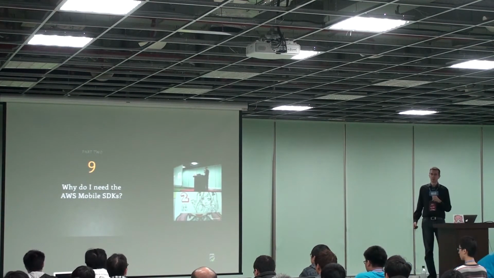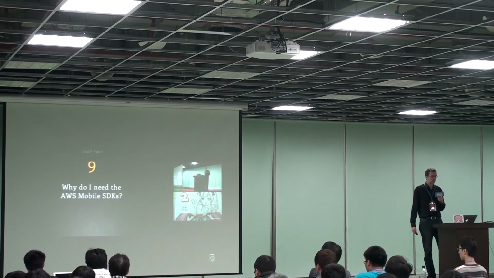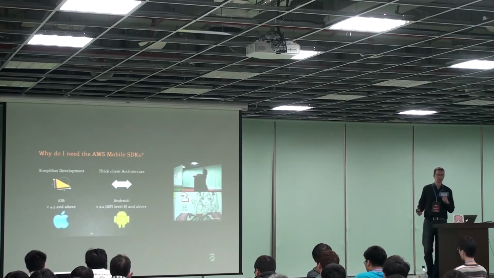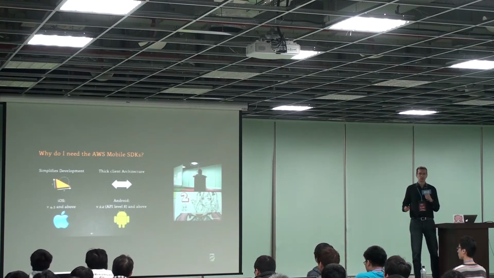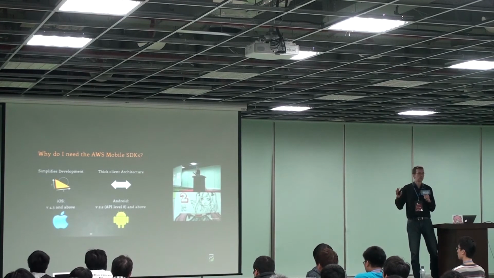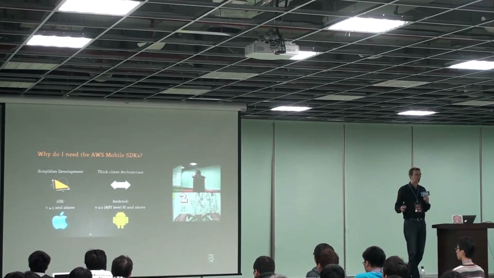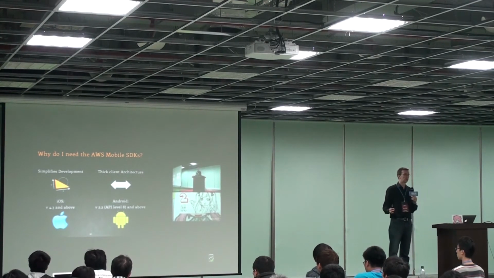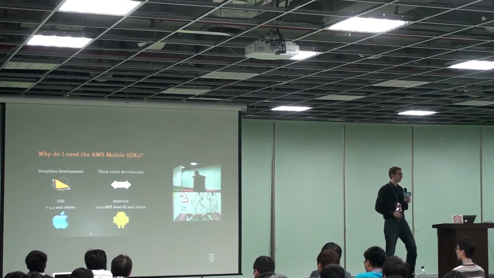Why do I need SDKs to integrate with the cloud? They are really helpful. The main point using those SDKs is that you don't have to do everything from scratch. How do you actually integrate with the cloud? The Amazon cloud is a programmable data center, actually multiple.